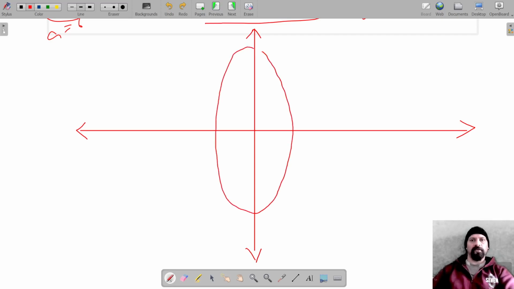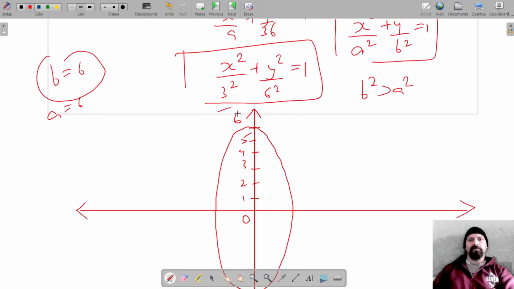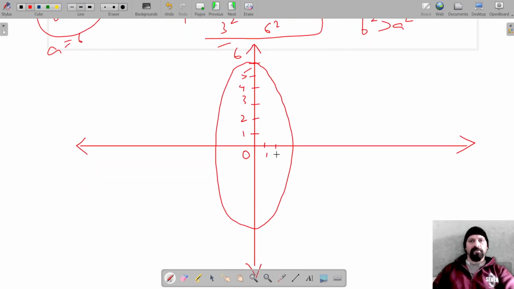So this is how the ellipse is, and this is actually 0, and this should be 6, the distance. So if I mark them 1, 2, 3, 4, 5, and 6, and a is 3, so this should be 3. 1, 2, and 3.